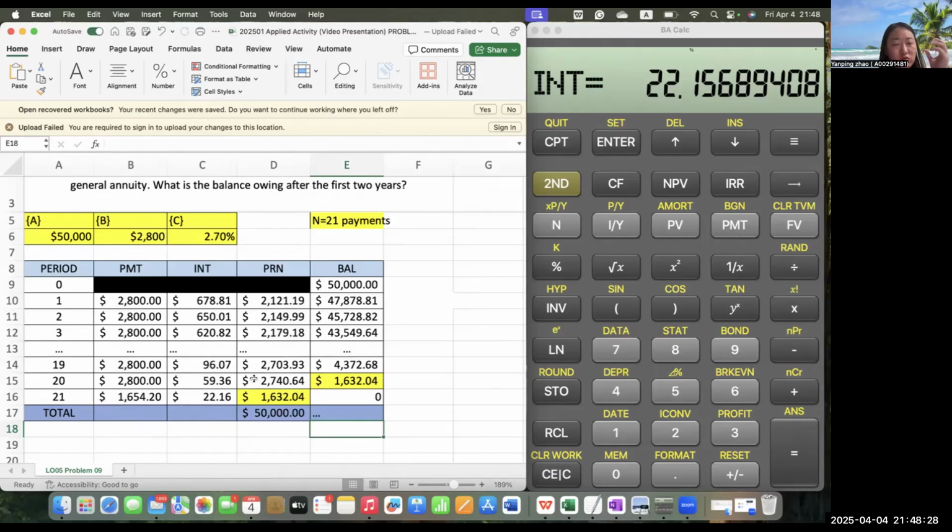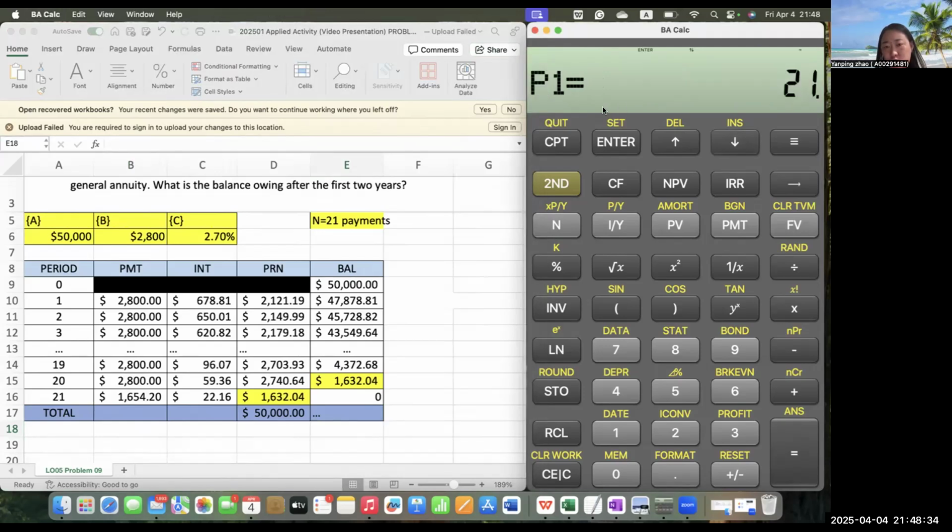Now we want to know the total interest, so we need to figure out P1 is 1, enter, P2 is 21, enter, and figure out the interest.